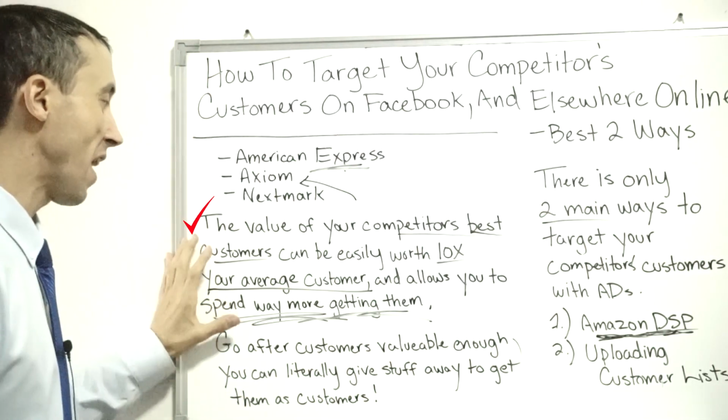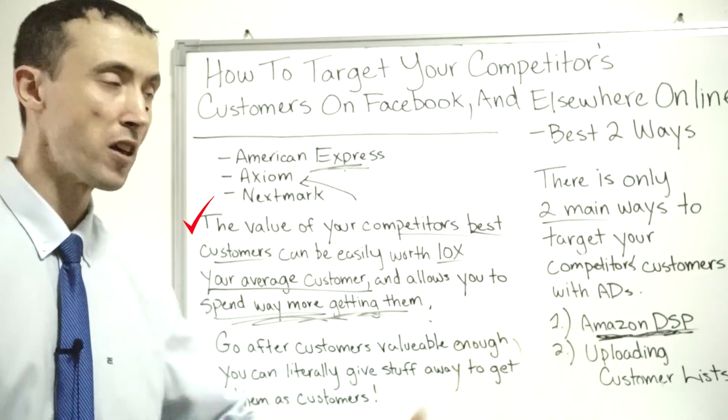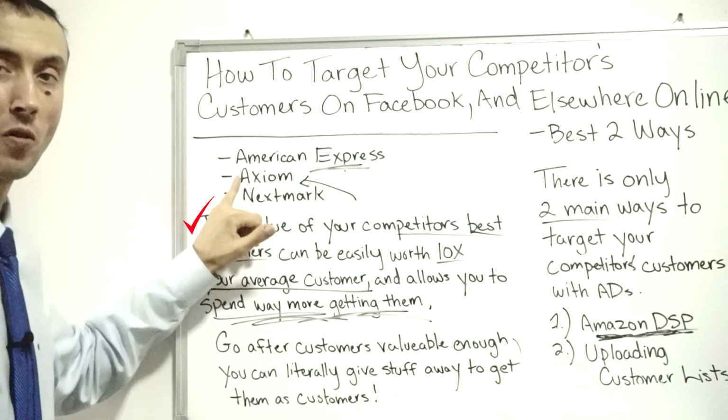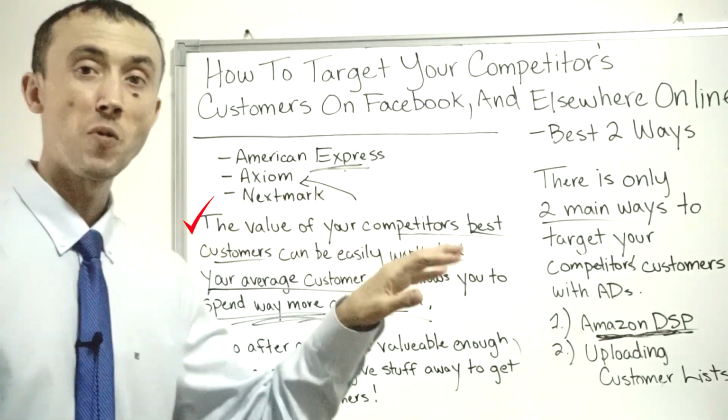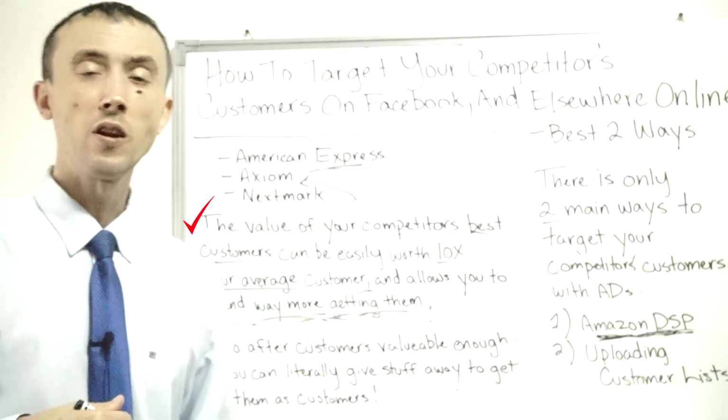And to follow that up, if your competitors' customers are valuable enough, which when you go through these data brokers, like through Nextmark, if you just go and search after this video, or want to pause it and come back, you can actually find out.